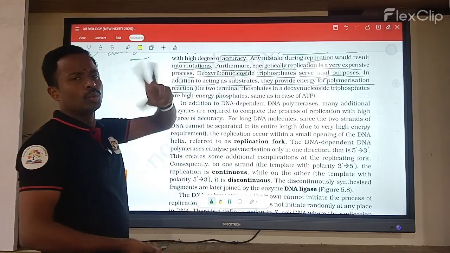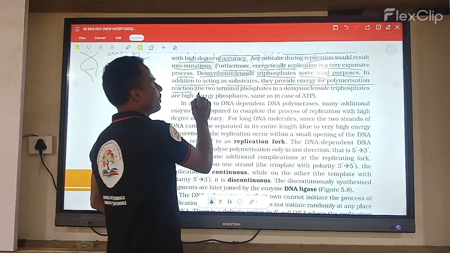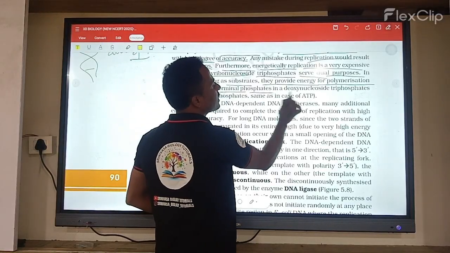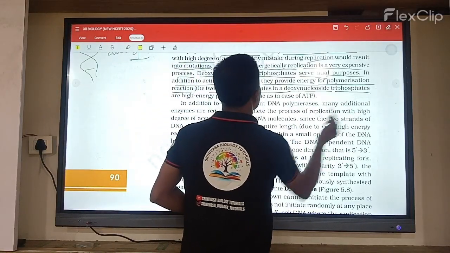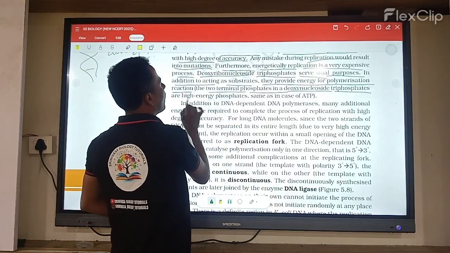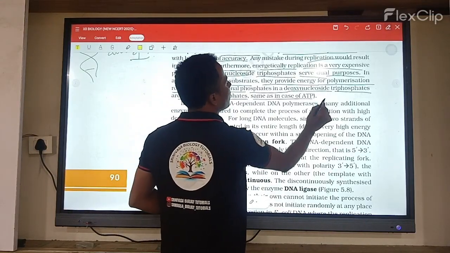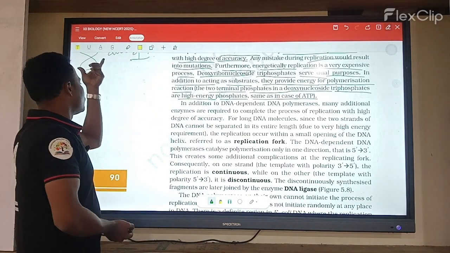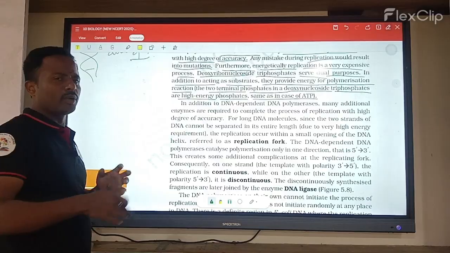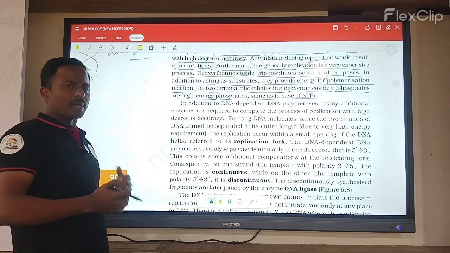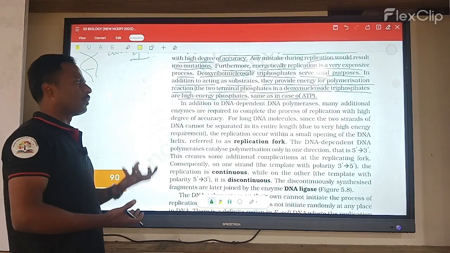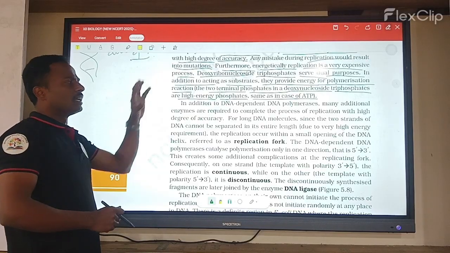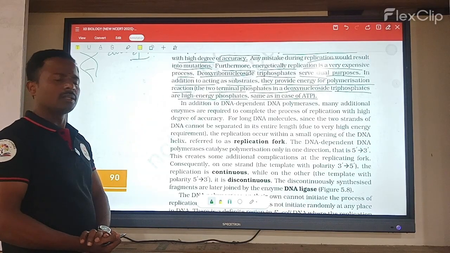They participate in two ways. The two terminal phosphates of the deoxynucleoside triphosphates are high-energy phosphates, the same as in the case of ATP. So when energy is utilized, they participate in the formation of the replicated strand.